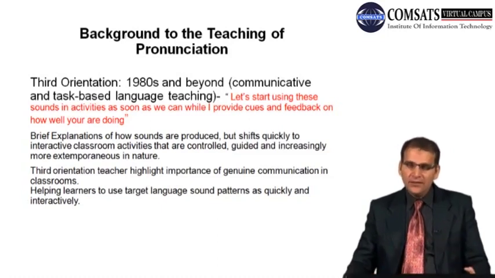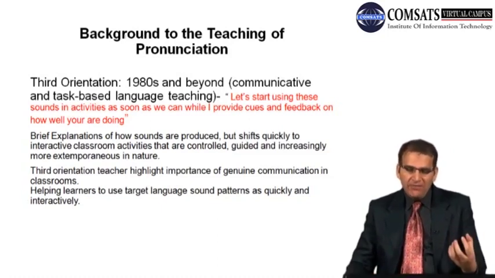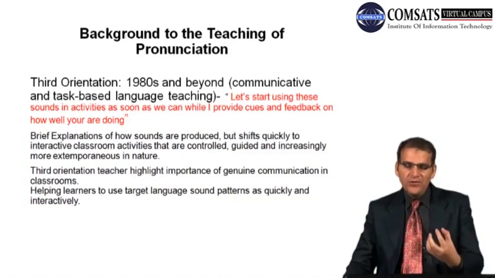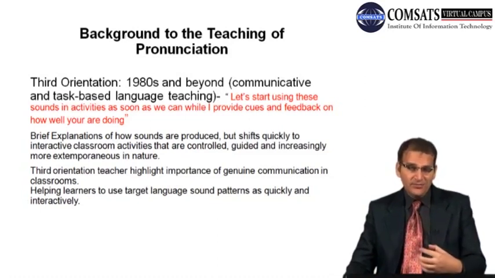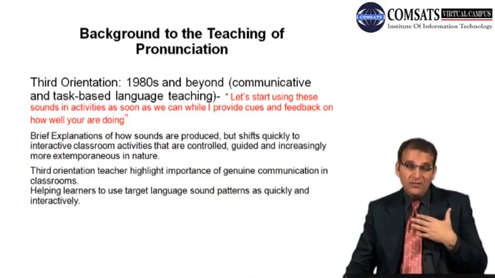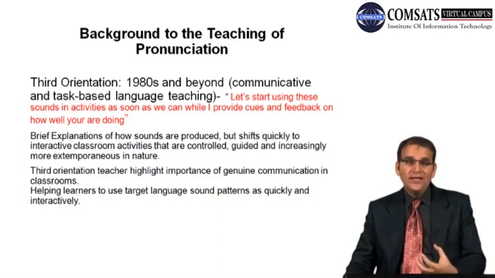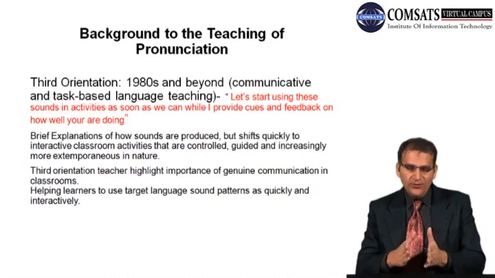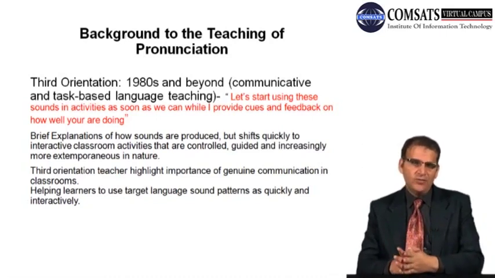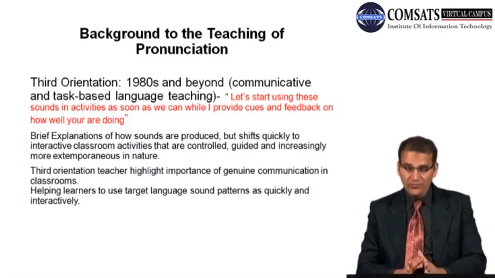So that was the third orientation, and here a brief explanation of how sounds are produced. Again, of course, the addition to it is how they are produced. Fine, what is the manner of articulation? What is the place of articulation? But it shifts quickly to interactive classroom activities. Sounds are produced, fine.